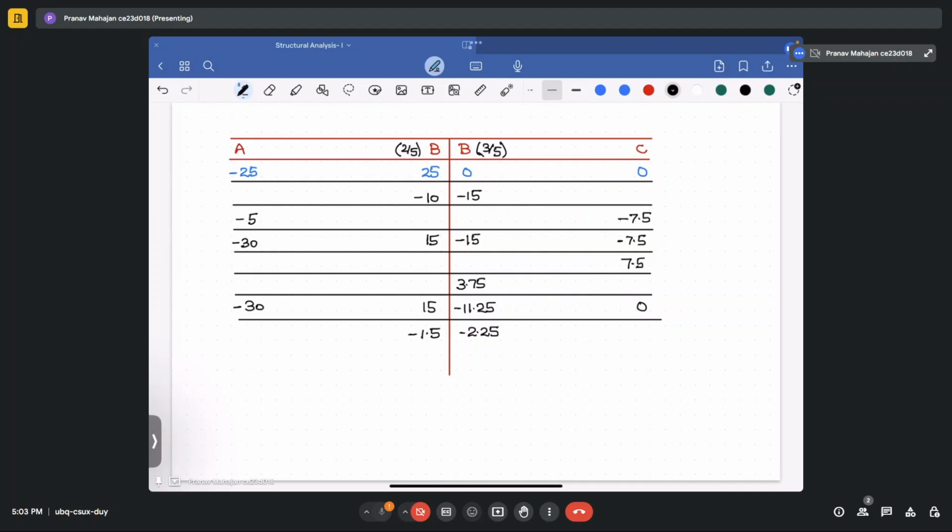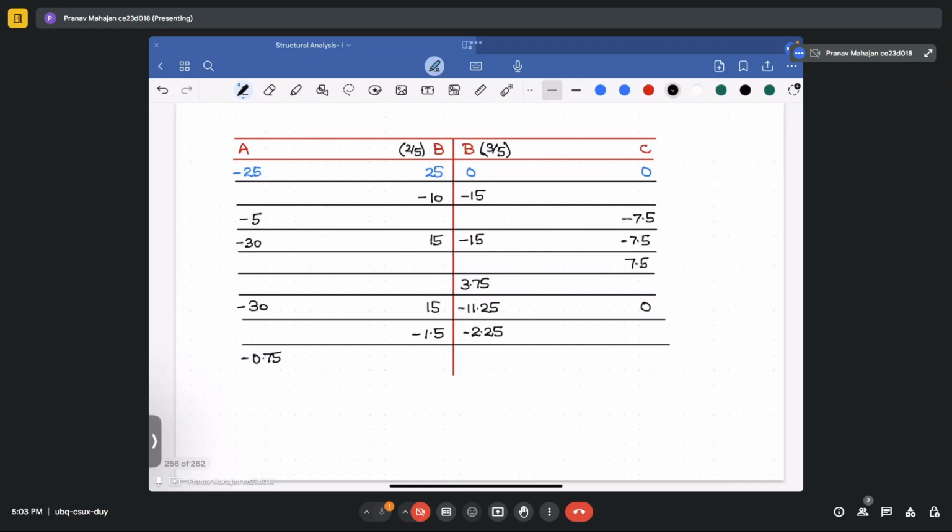So then these will be carried forward as minus 0.75, and in this case it will be minus 1.13. So again the unbalanced moment altered at the end. So we will remove this unbalanced moment.